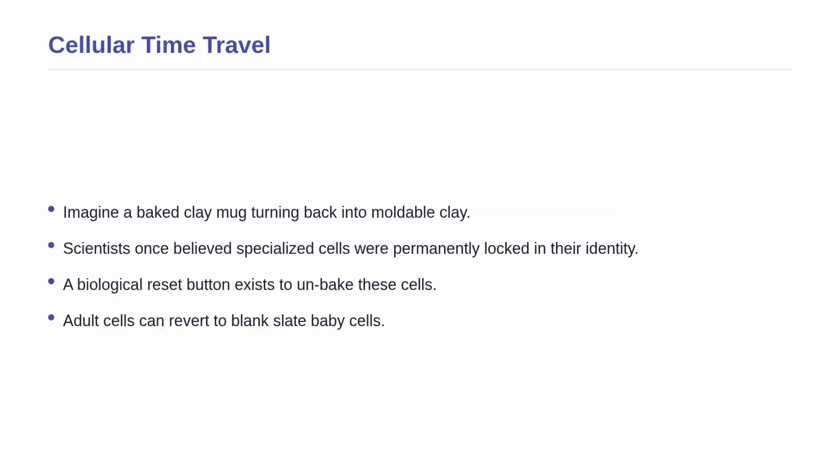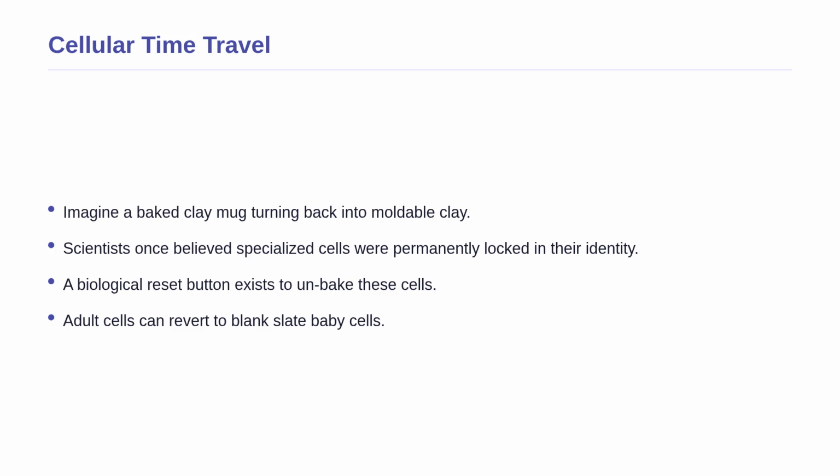To begin our journey, imagine you have a piece of clay that you have already baked into the shape of a coffee mug. In the physical world, once that clay is baked, it cannot easily become a plate or a bowl again. For a long time, scientists believed human cells worked the exact same way. They thought that once a cell became a specialized skin cell, it was permanently locked into being a skin cell forever.